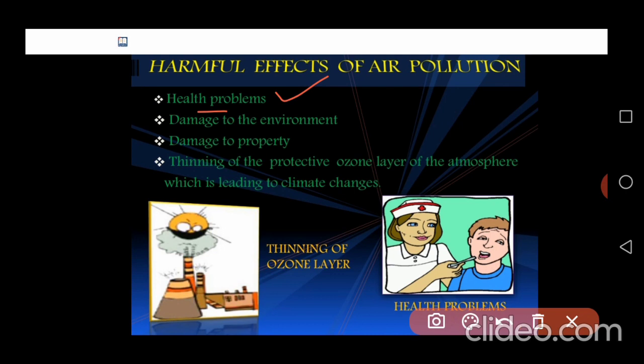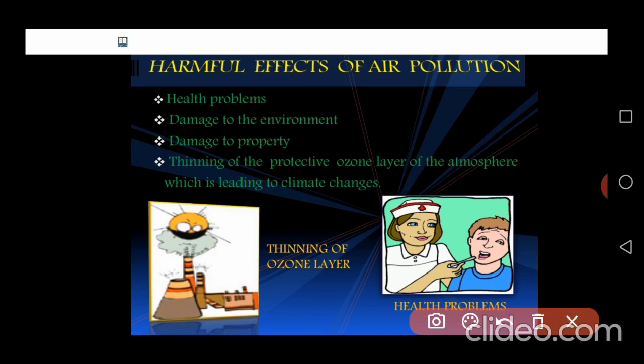Similarly, the effect on the environment, damage to the environment. How? As air pollution increases, global warming takes place. That means an increase in temperature also takes place, and also acid rain and depletion of ozone start. All these problems create damage to the environment.